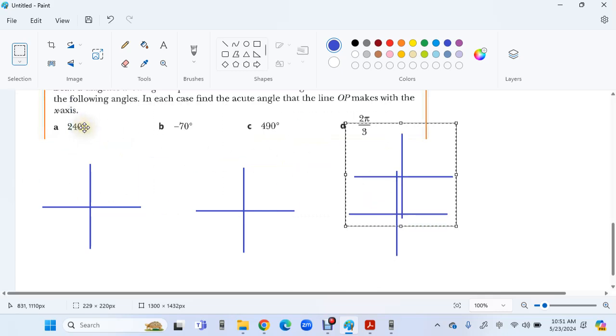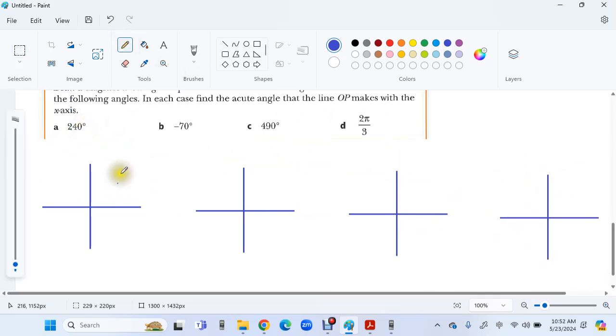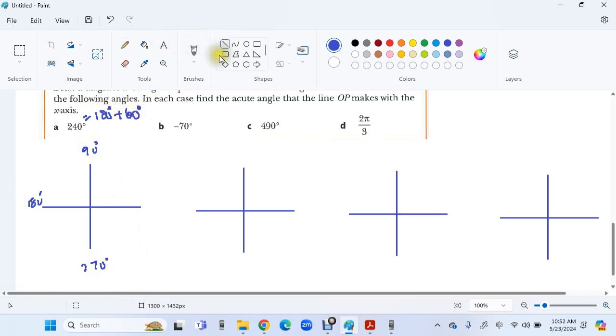Then we know that 90, 180, 270 is here. So this is actually 180 degree plus 60 degree. So this whole thing will be 240 degree. And then the acute angle here is 60 degree.